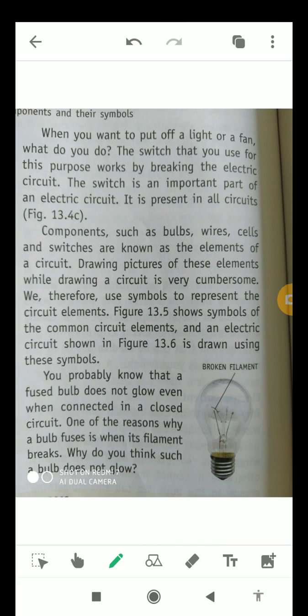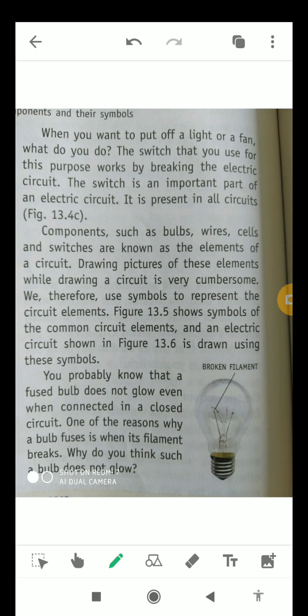When you want to put off a light or a fan, what do you do? The switch that you use for this purpose works by breaking the electric circuit. So the switch is used to break or open the circuit.